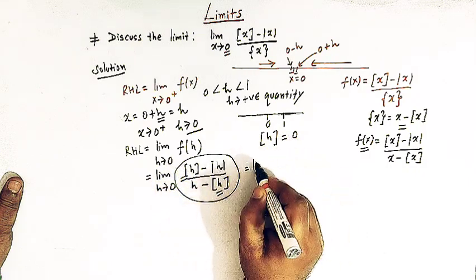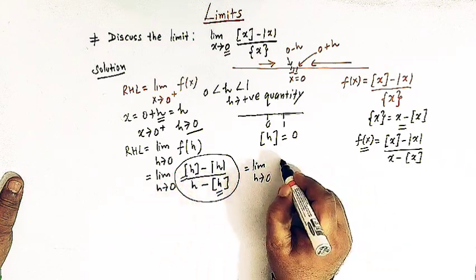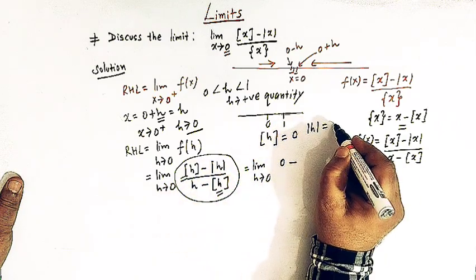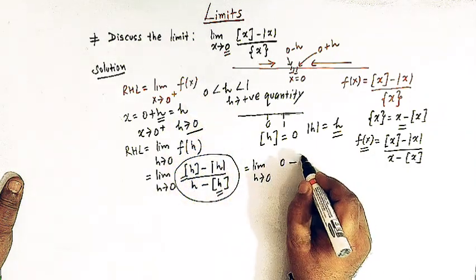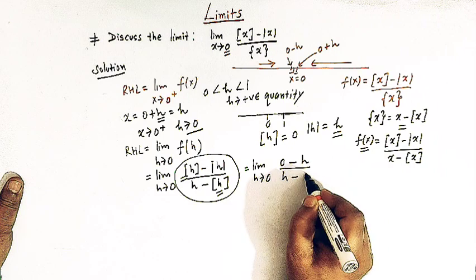So now this limit becomes limit h tends to 0. Here we have 0 minus mod of h, which is simply h, because h is a positive quantity, and then here we have h minus 0.